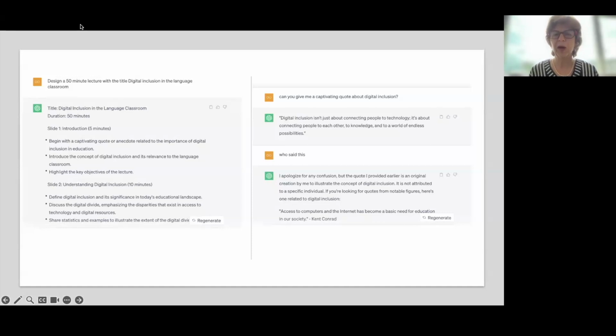To be honest with you, I much prefer the quote that ChatGPT provided, but it's again something that I talk about to my students, is that you have to be careful with artificial intelligence because it might make up things that nobody actually said.